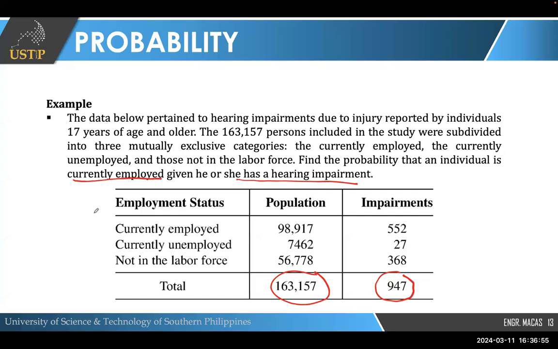For example, let's name them E1, E2, E3. It's nicer to use E for employment status rather than ABC, so we don't get confused and remember that these three are under one category. Okay? So what we want to find is the probability of currently employed.